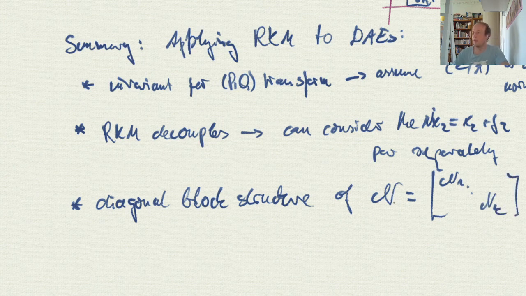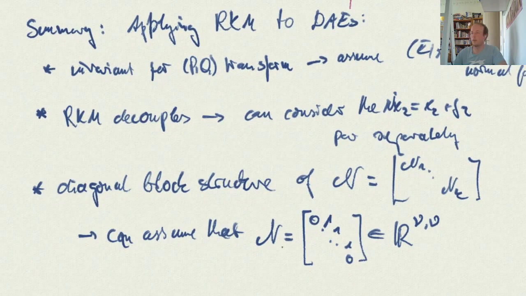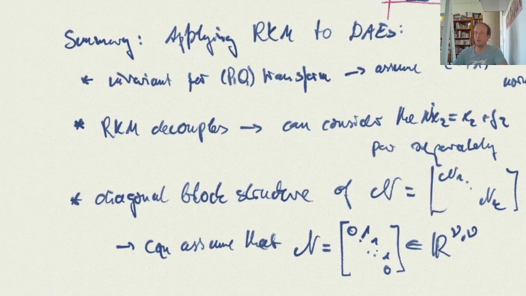So we have this block structure of the N matrix, and this means we can assume that this N matrix is given as just one Jordan block with ones in R^ν, and we will consider these systems given as N x dot equals x plus f, where N is just one Jordan block of size ν, meaning it's of index ν.